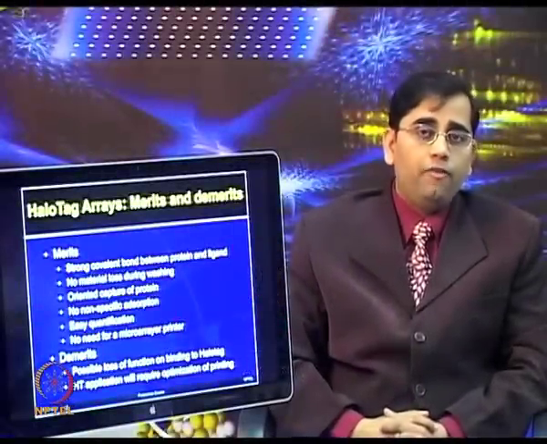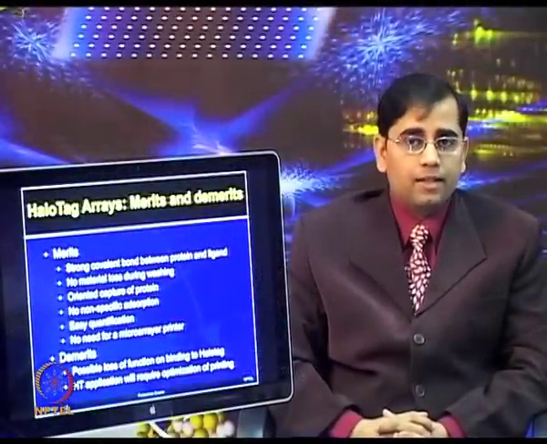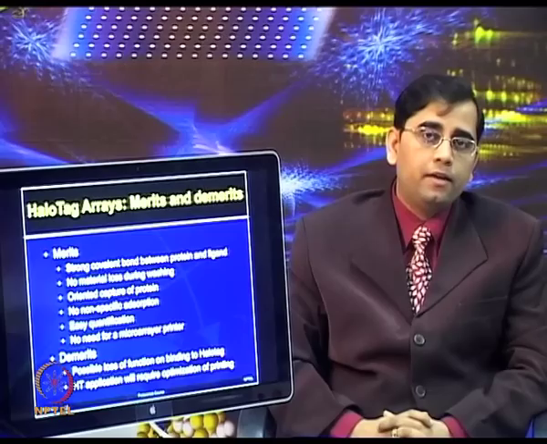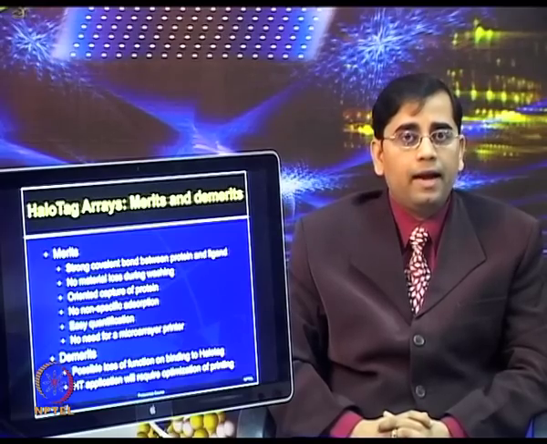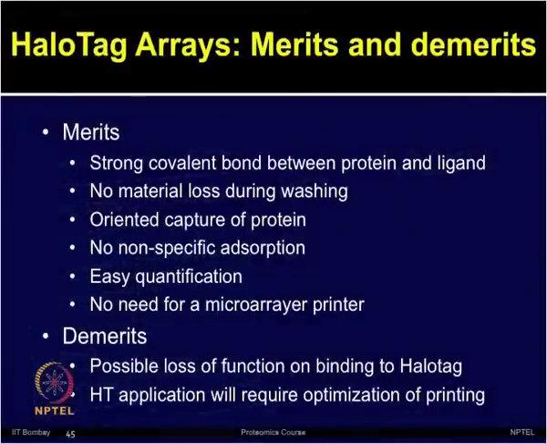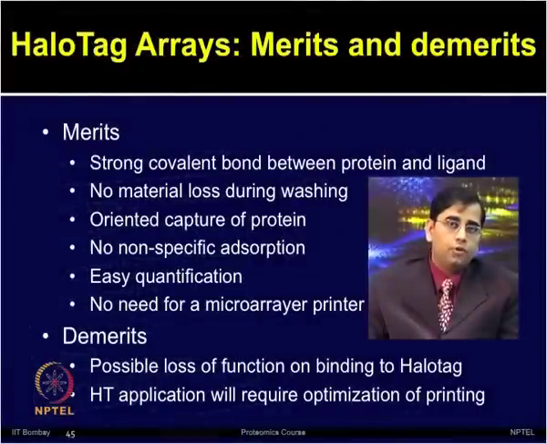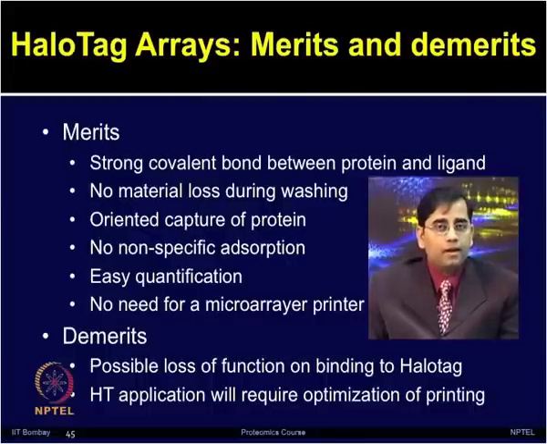HaloTag arrays have various advantages, such as the strong covalent binding between protein and the ligand. No material loss occurs during the washing steps because of this strong interaction. The proteins are captured oriented and there is no non-specific adsorption due to the PEG coating.